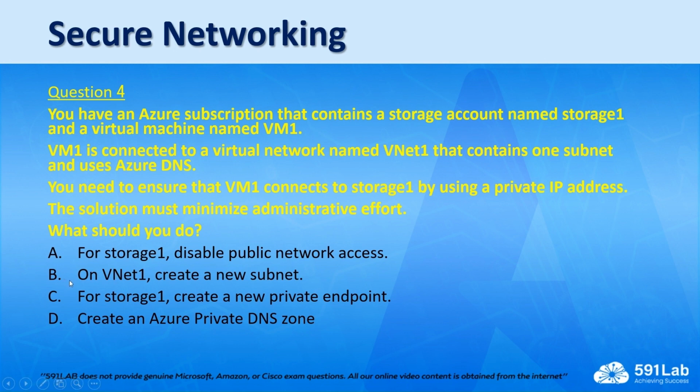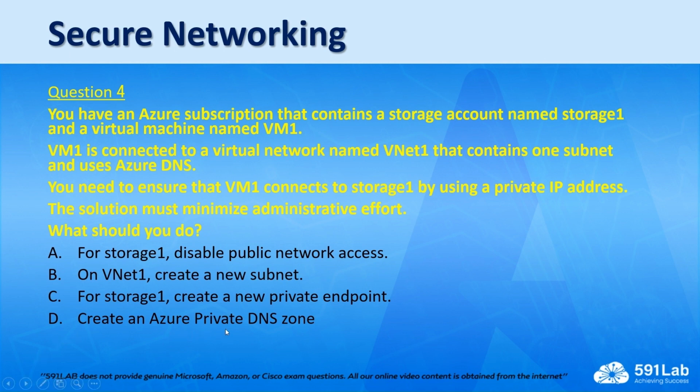B, on VNet 1, create a new subnet. No, creating a new subnet doesn't necessarily enable you to have private access to the storage account. That is automatically disqualified. C, for storage 1, create a new private endpoint. As we've seen, we are able to create a new private endpoint, and so the private access to that particular storage account will happen through this private endpoint that we've created, since there's a NIC that has been created and assigned a private IP address that we can use to access that particular storage account privately.